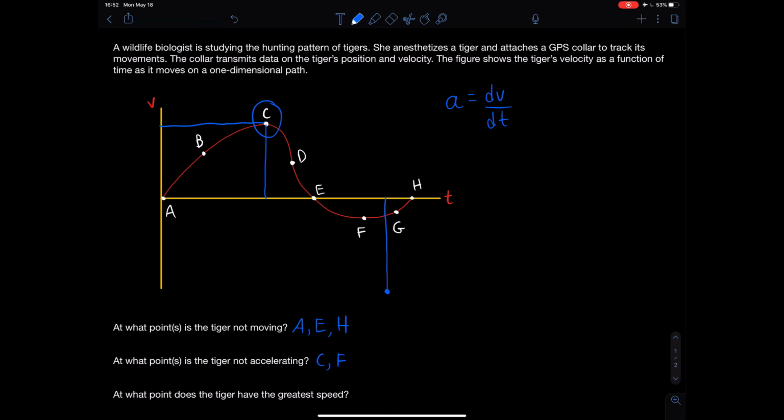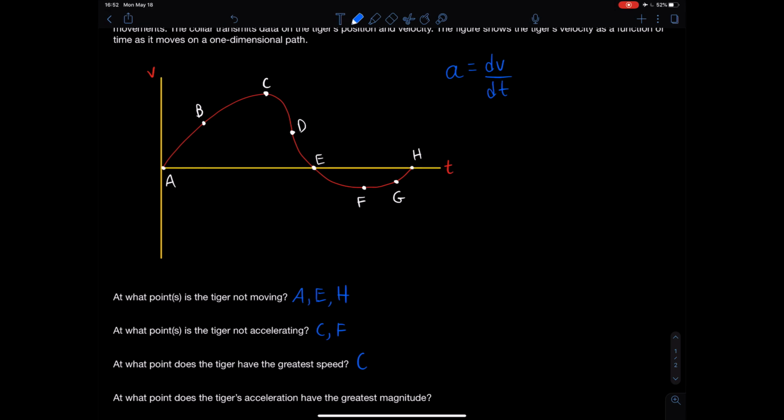So the magnitude of the velocity, or the speed at this point, would be greater than it is at C. But in this case, the lowest point on our graph is here at F, and this distance here is obviously smaller than this distance here. So our greatest speed is at point C.